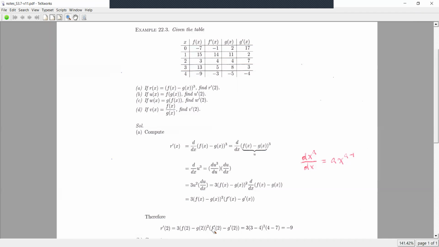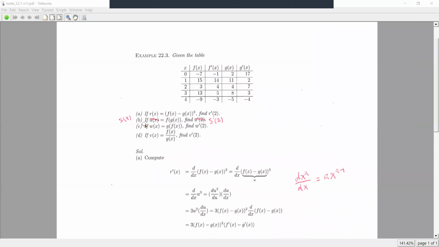And the derivative of f at 2 is 4. The derivative of g at 2 is 7. So plug in the data in this expression, then we get the derivative of R at the point 2 is -9.